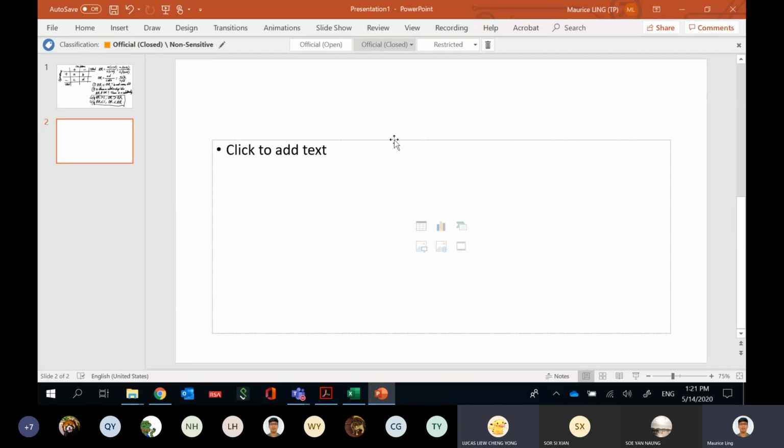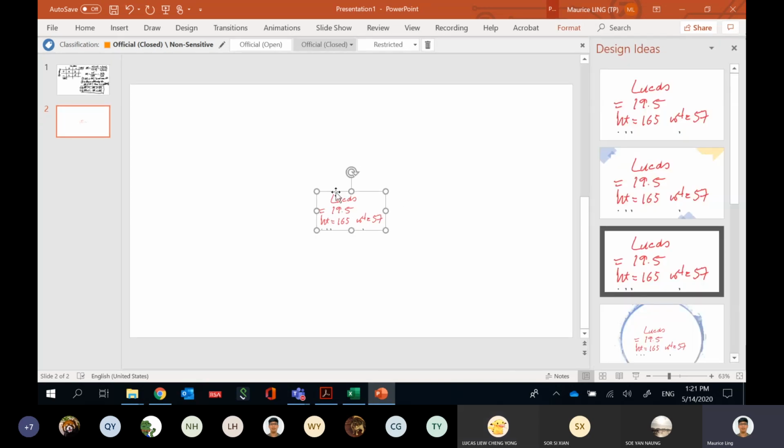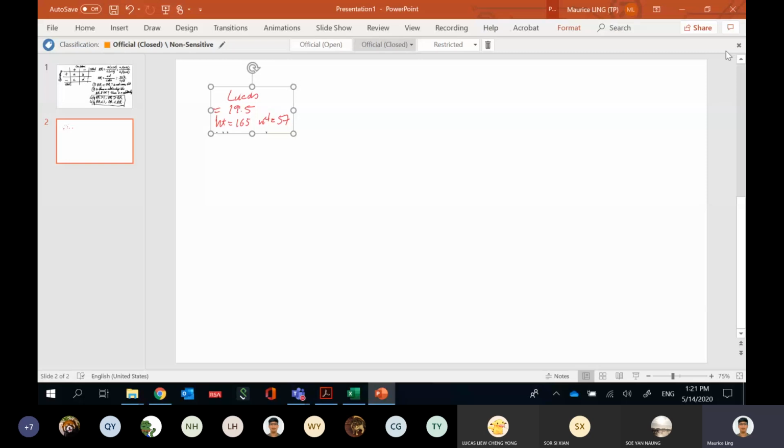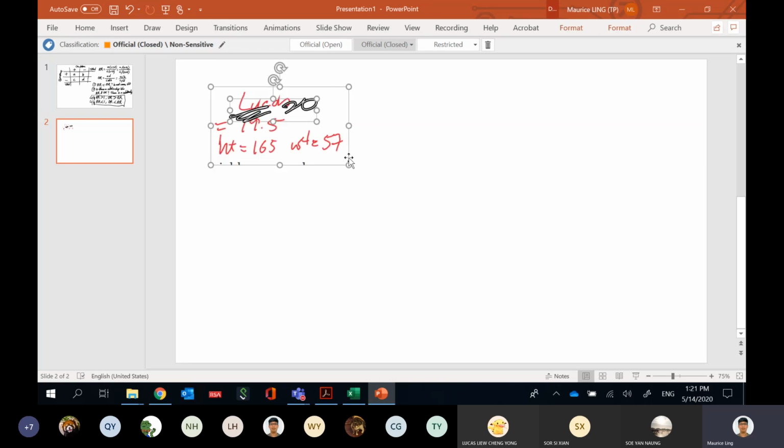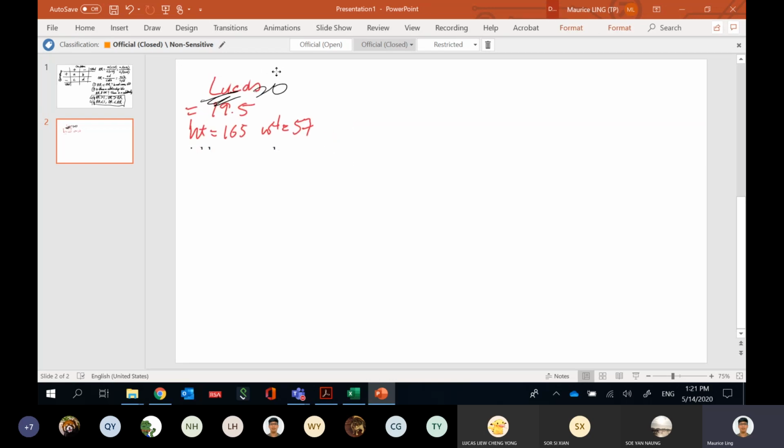Oh wait, the BMI is about 20 point something. Okay, doesn't matter. So let's throw this here. This is Lucas. Let's say your BMI is 20, it doesn't matter. Okay, 20. So what does this mean in totality to our dear Mr. Lucas?